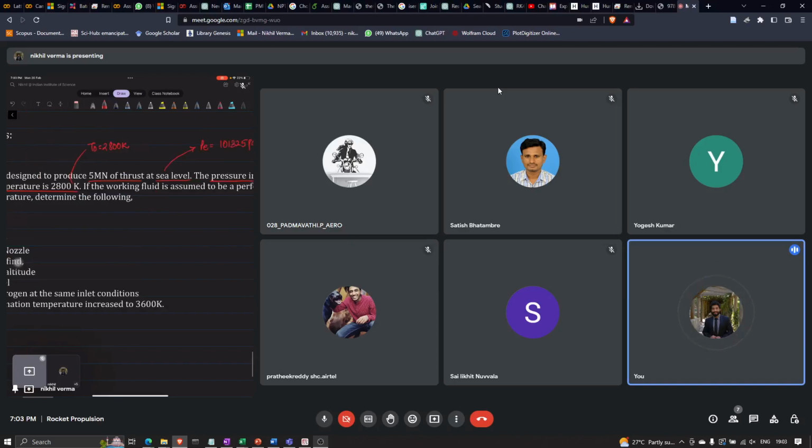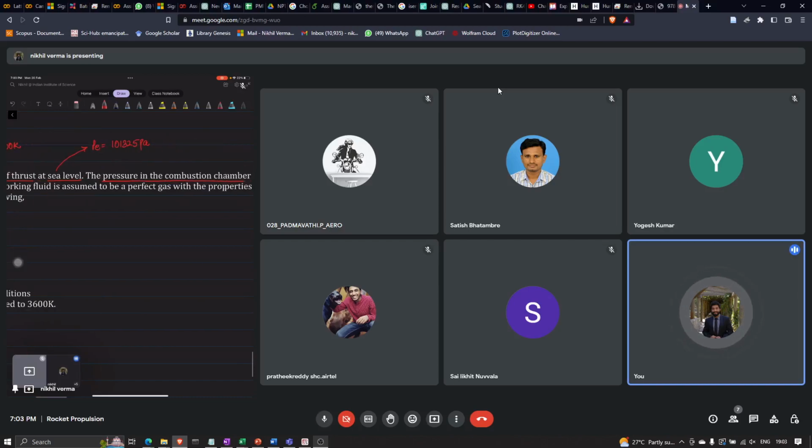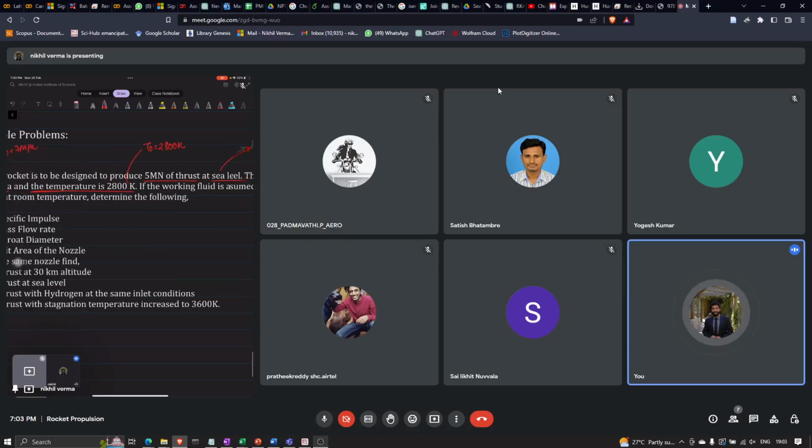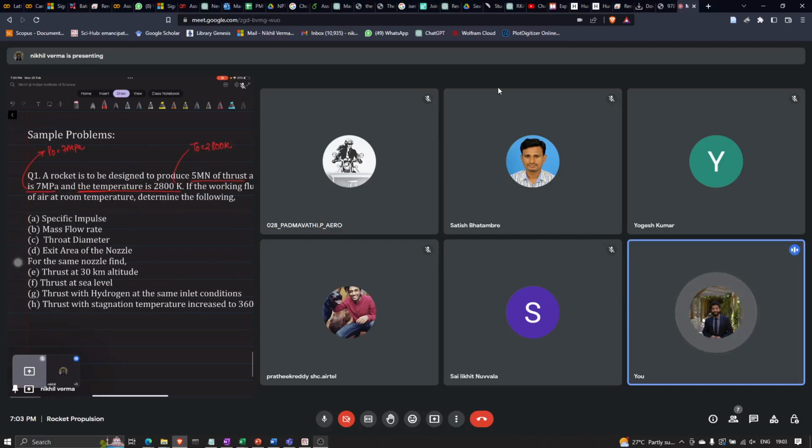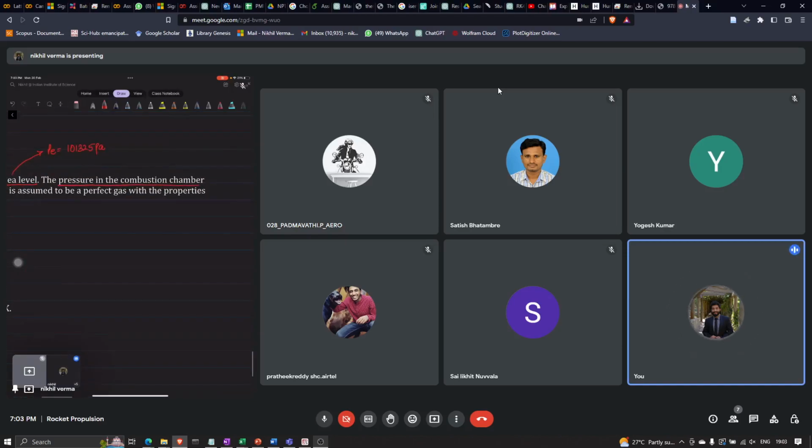If the working fluid is assumed to be a perfect gas with the properties of air at room temperature, what properties do we require when we talk about the propellants, the gases? So this is gamma, 1.4, and R has to be taken as 287 joule per kg Kelvin.